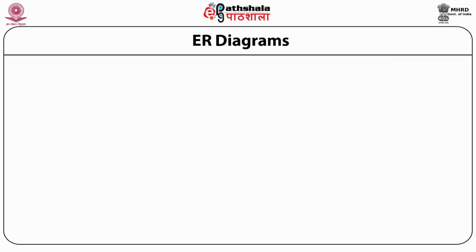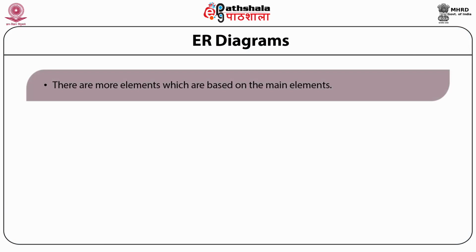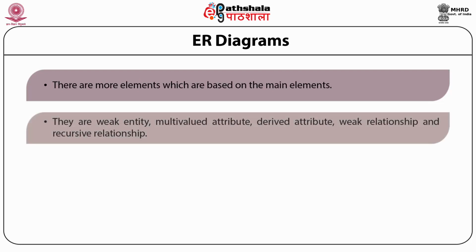Let's look at what the ER diagram explains to us. There are more elements which are based on the further important elements. They are the weak entity, the multi-valued attribute, the derived attribute, the weak relationship, and the recursive relationship.